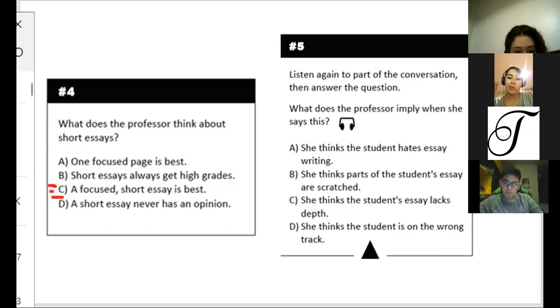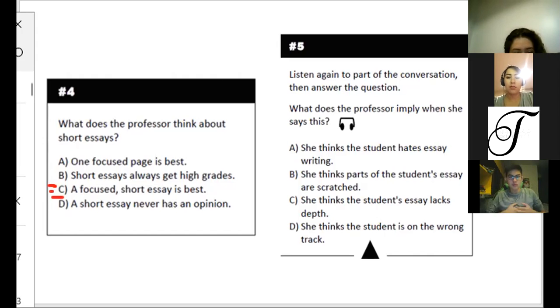Yeah, correct. So this one is also easy because you know the part that she was saying, like one page long or one page short is not as bad as you think. Like the best essays are short, not long.